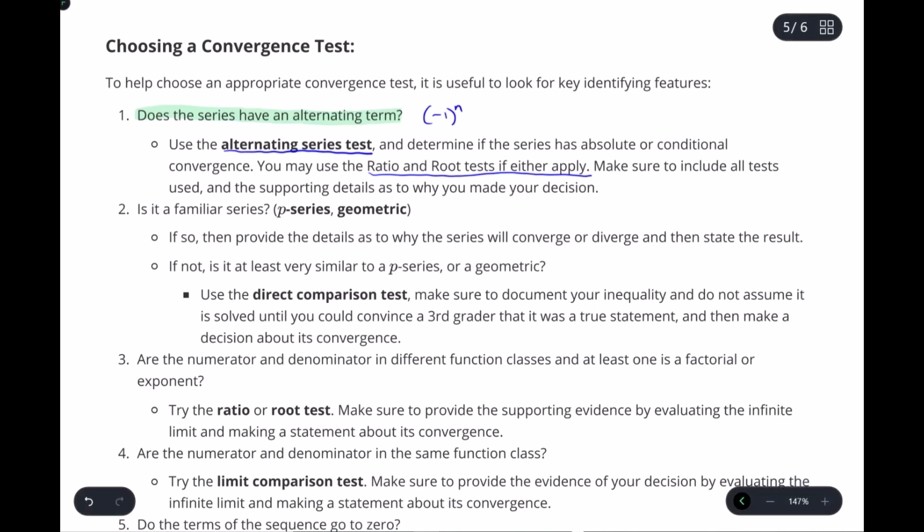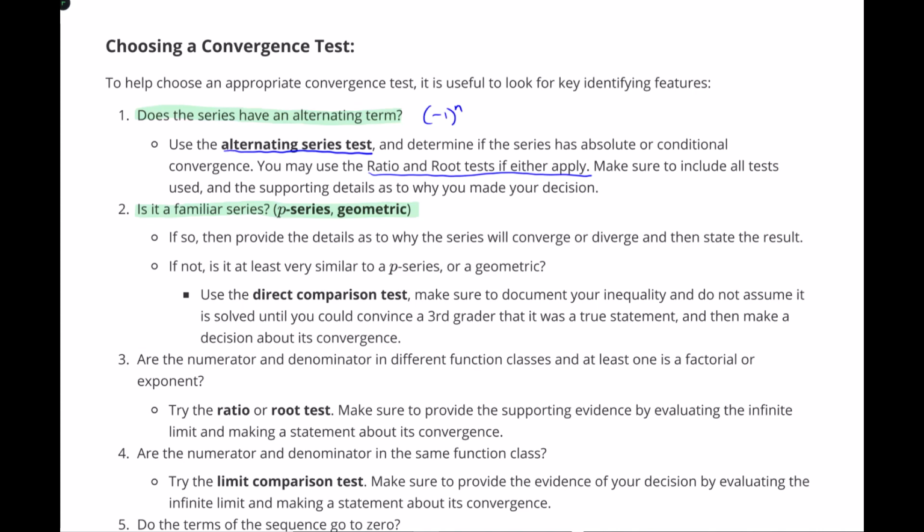Then next, look to see if it's some familiar series, like a p-series or geometric. Now, generally, that's not going to be the case. You're not going to just get a problem that is just a p-series or just a geometric series. Generally, we use those within other tests, like a direct comparison or a limit comparison, for instance.